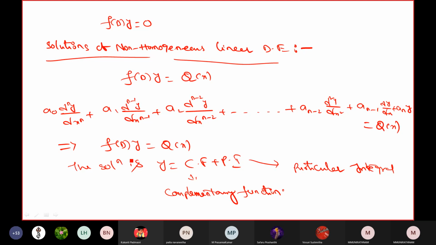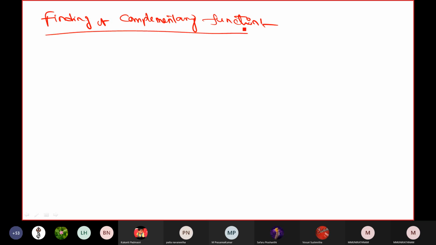So how to find the complementary function? In the previous class, we found the solution of f(D) y = 0, when we consider only the homogeneous part.